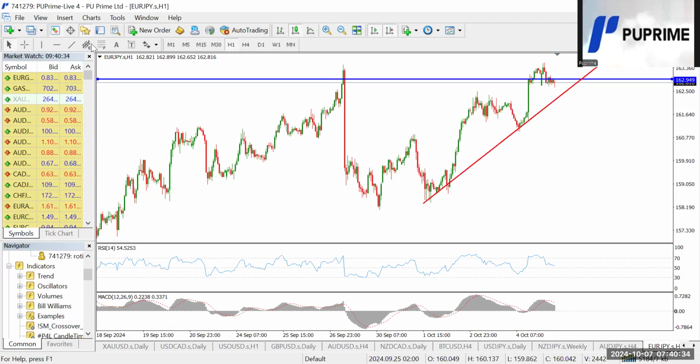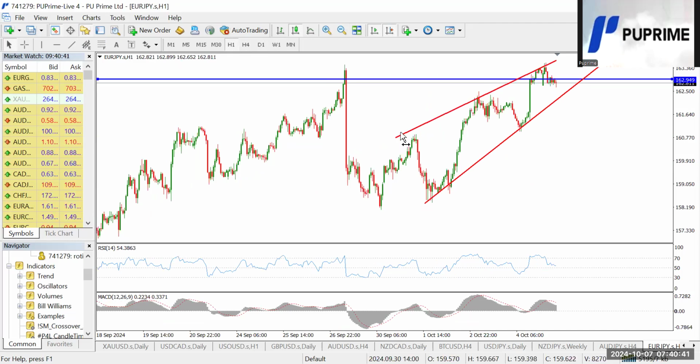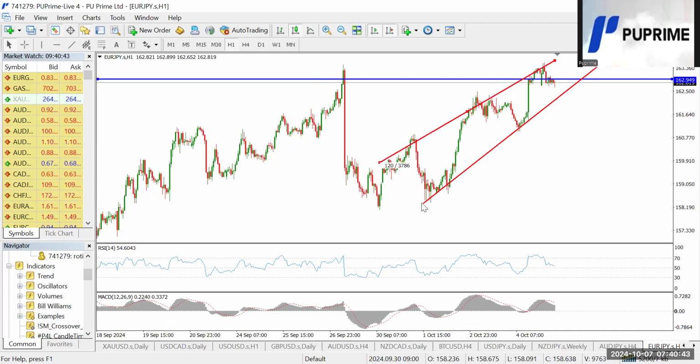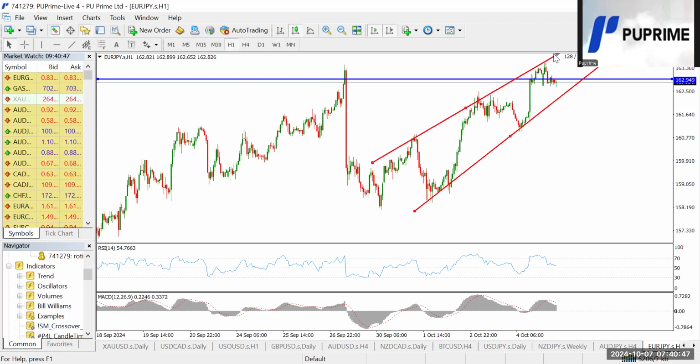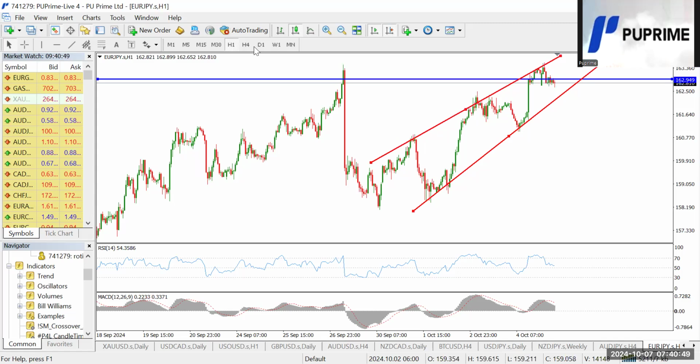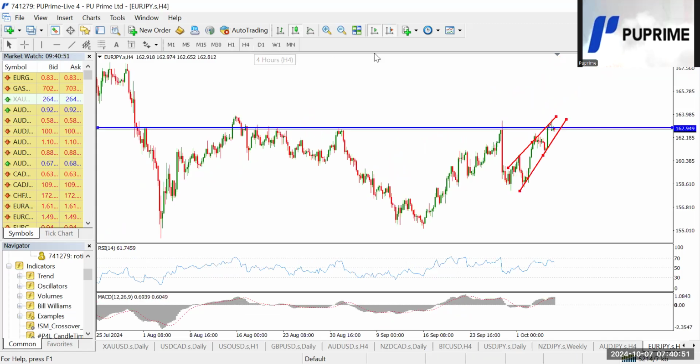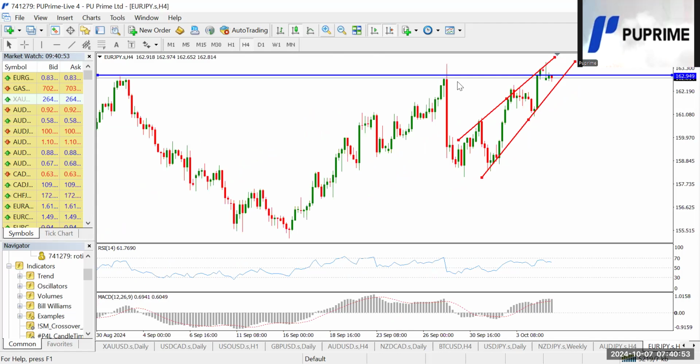I can draw a trend line here. I can draw a second one at the back to form a rising wedge pattern. Okay. So we have a rising wedge pattern there, valid for both 1 hour and 4 hours.